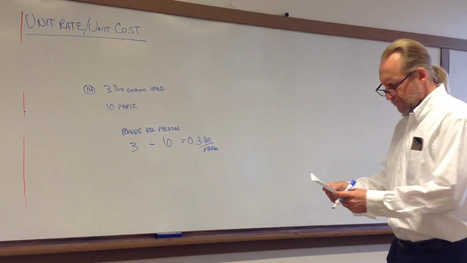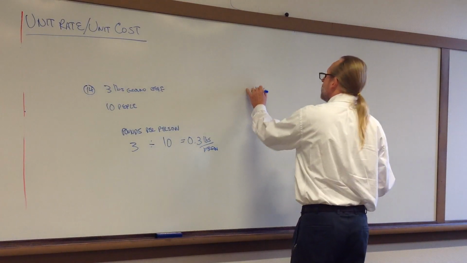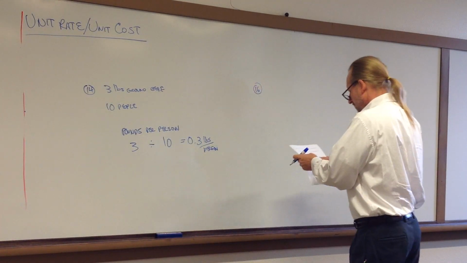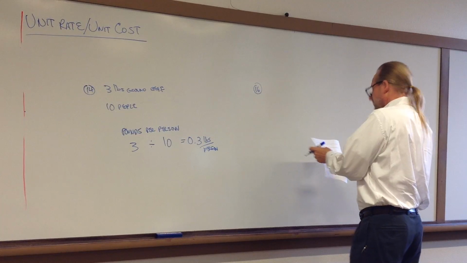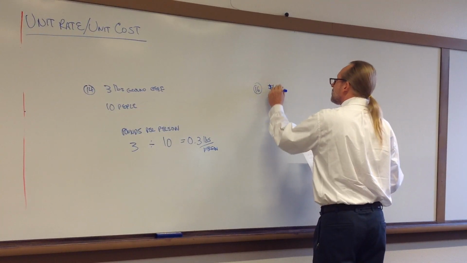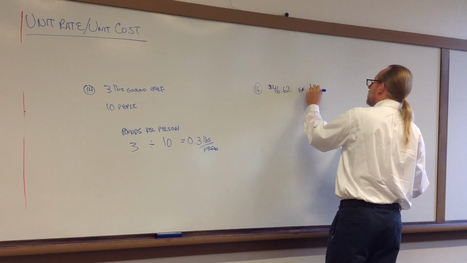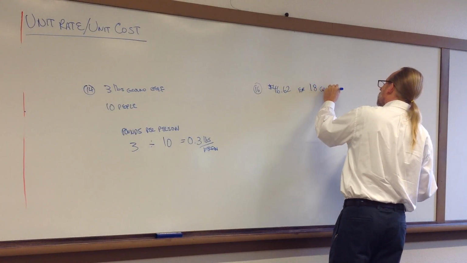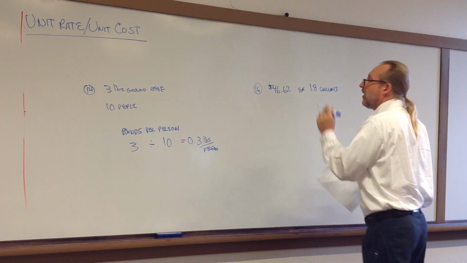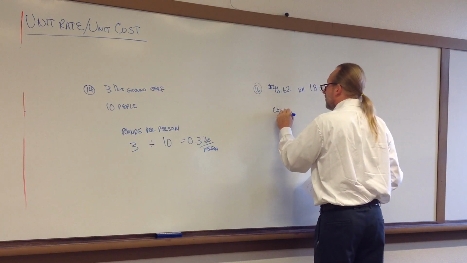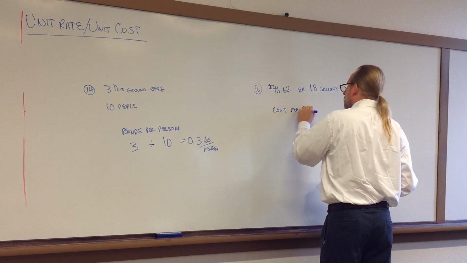Let's see here. Problem 16. One pays $46.62 for 18 gallons of gas. What is the cost per gallon? So we want cost per gallon.